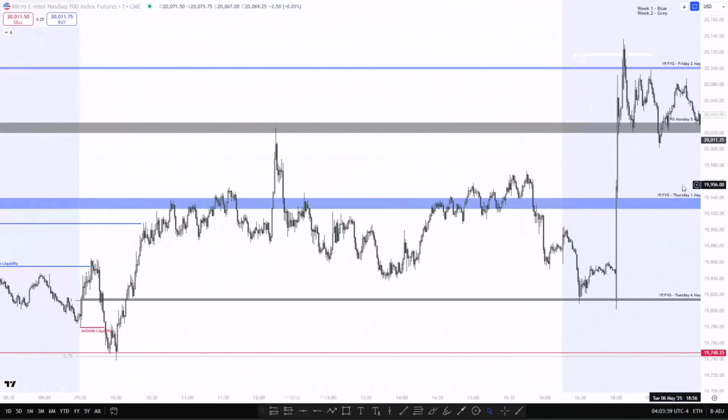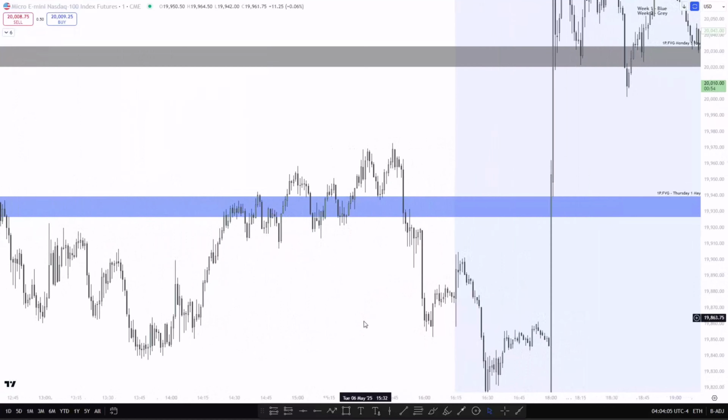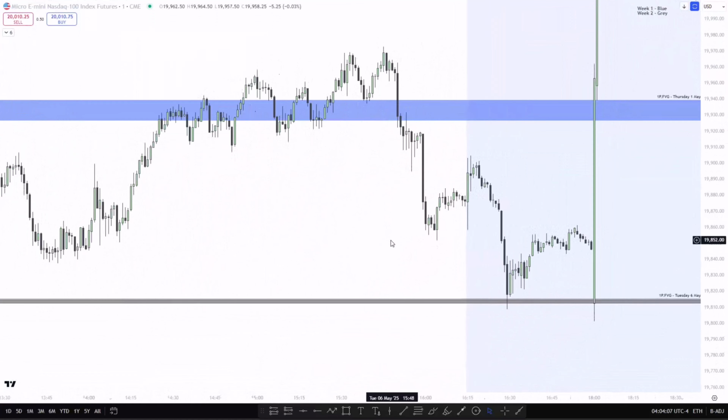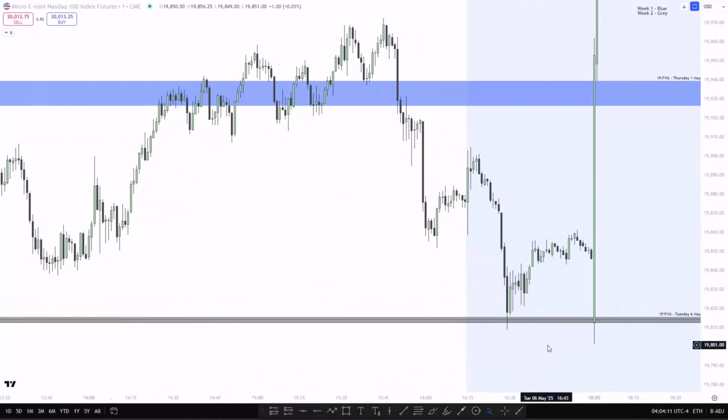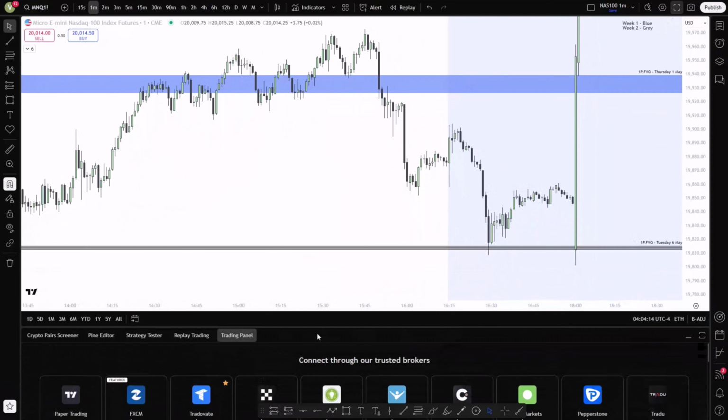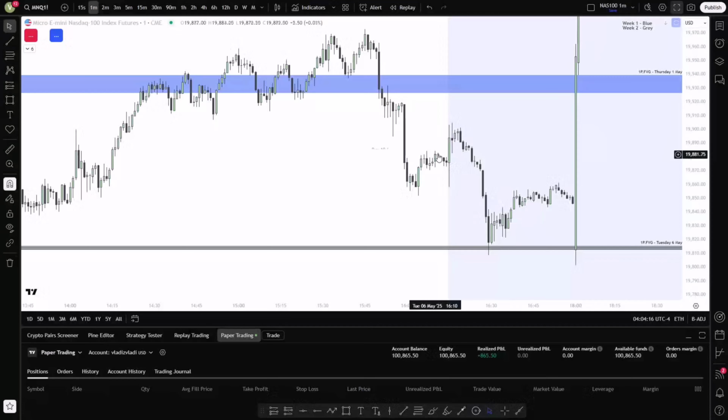Okay, when you have an obvious target, you can use this technique to position yourself on the right side of the market.